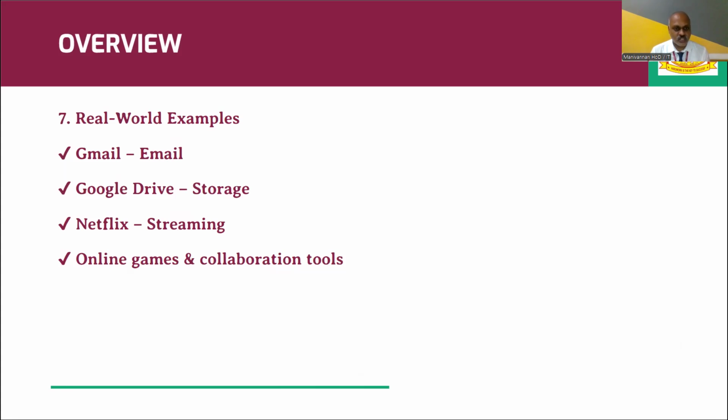Google Drive for storing documents, Google Photos for storing photos. For streaming purposes, Netflix, Prime, Hotstar, I told you, right? These are all examples for streaming. And online games and collaboration tools are also available in the cloud. These are all the real world examples, right?